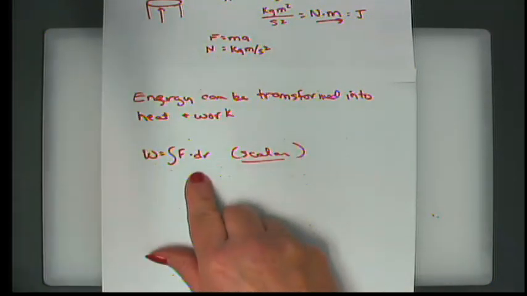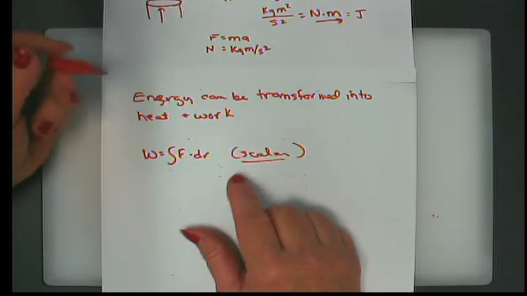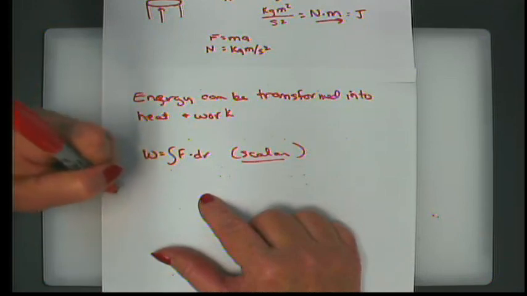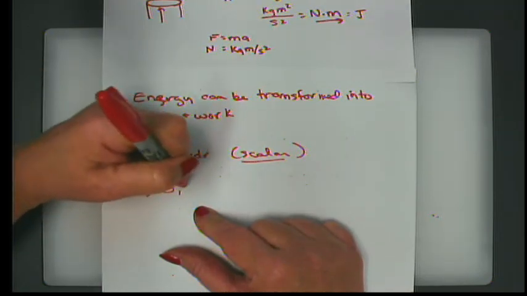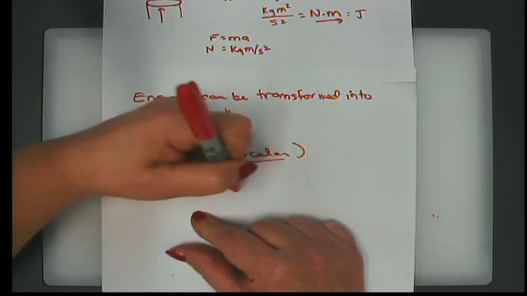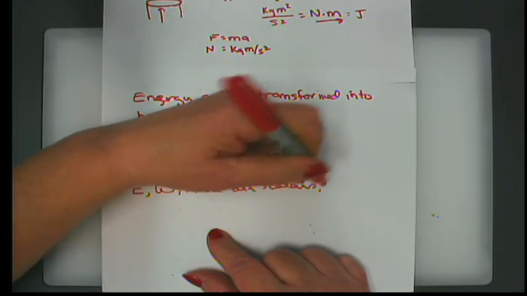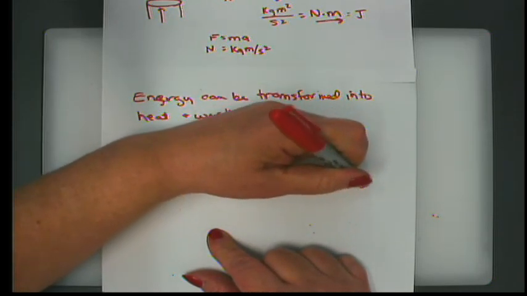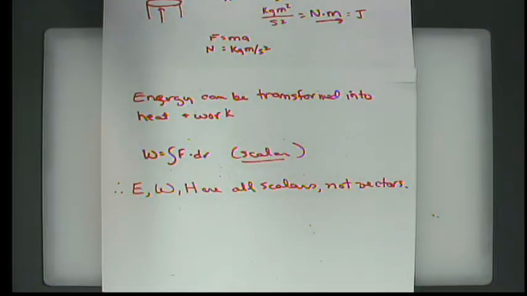work is a scalar. So one of the nice things about energy, including heat and work, is that energy, work, heat are all scalars, not vectors. So what that means is they're all amounts. That's why conservation works.